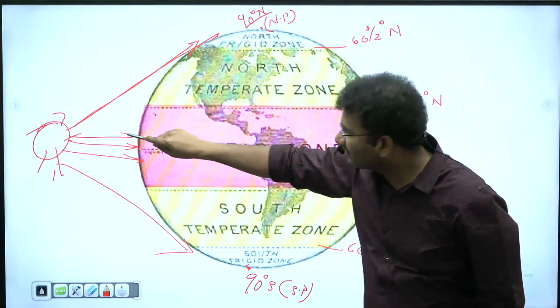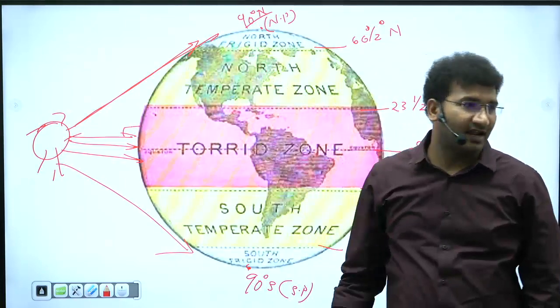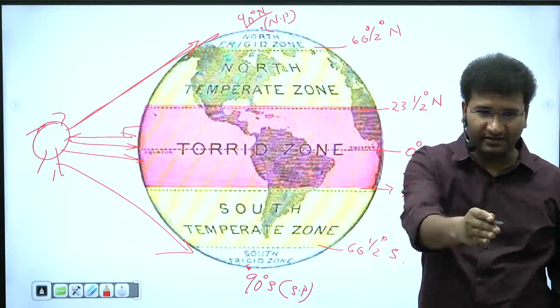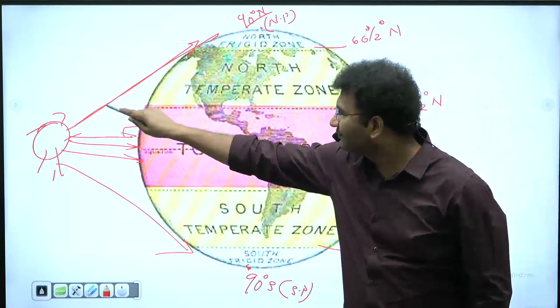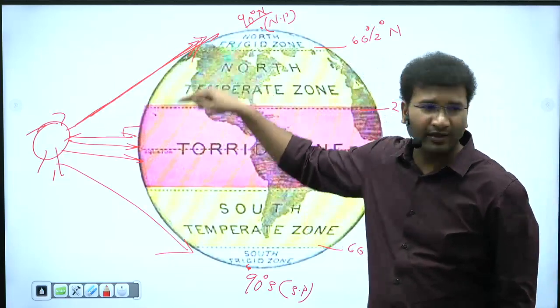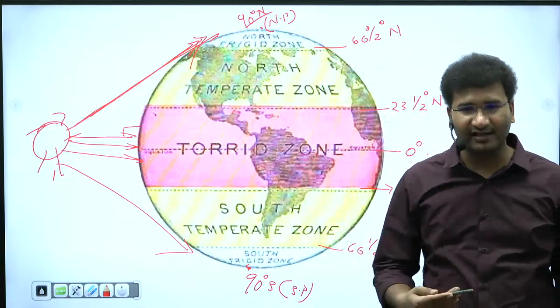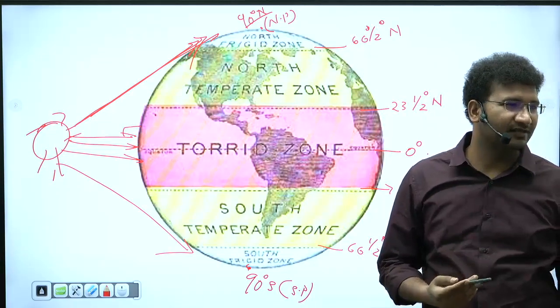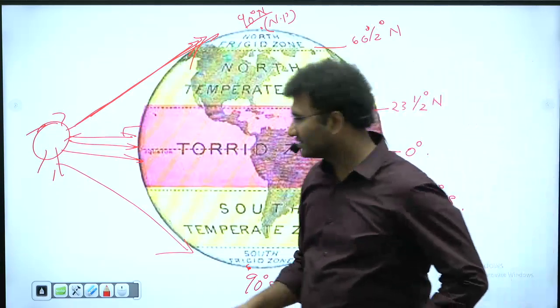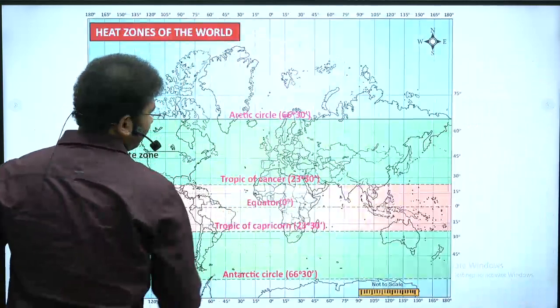Now what is the angle here? 90 degrees, perpendicular. But these rays are going at an angle. When the rays go at an angle, the intensity will not be high. That is one of the reasons why you have less sunlight. Now look here.